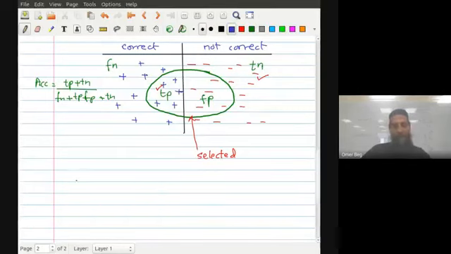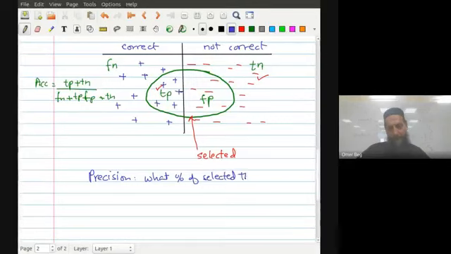As I said, there are better metrics such as precision and recall. So precision, I think I should write this down. What percentage of selected things or samples are actually correct?